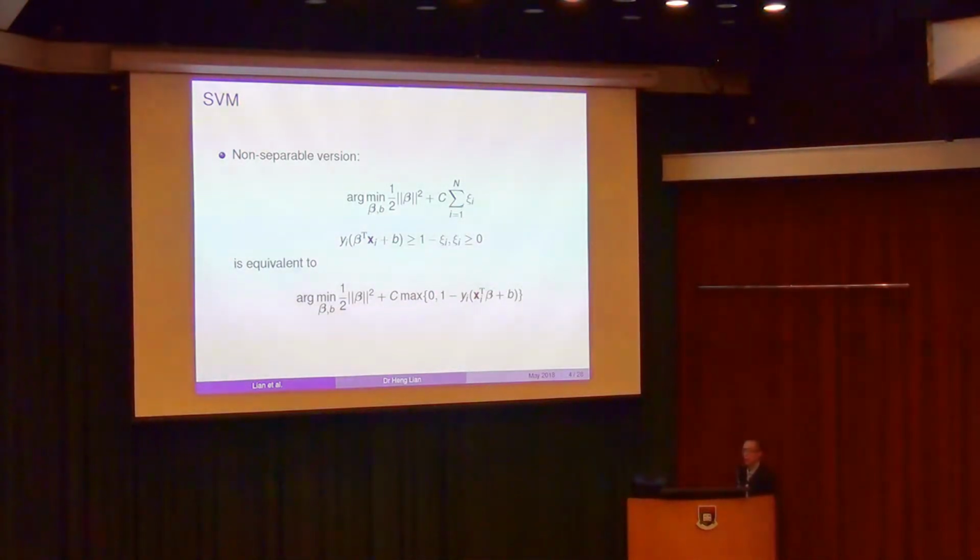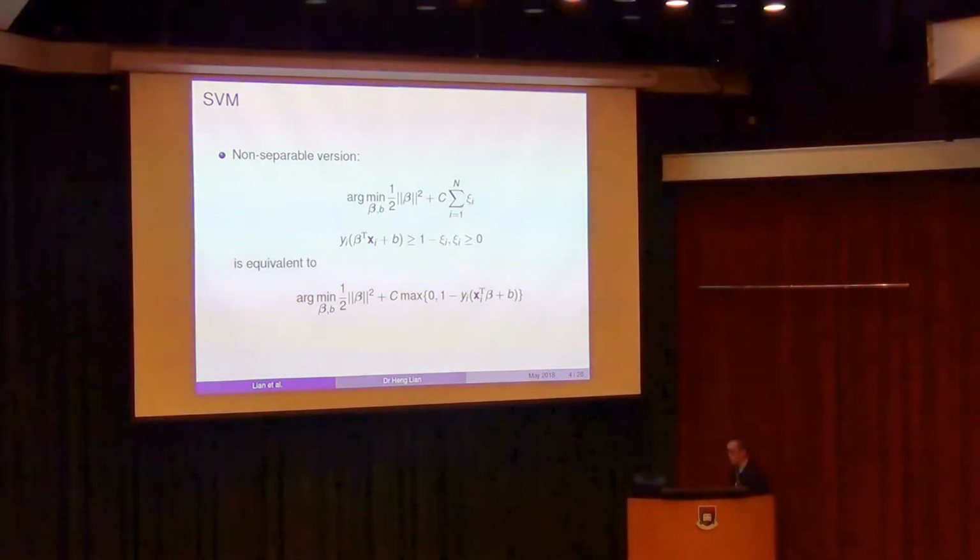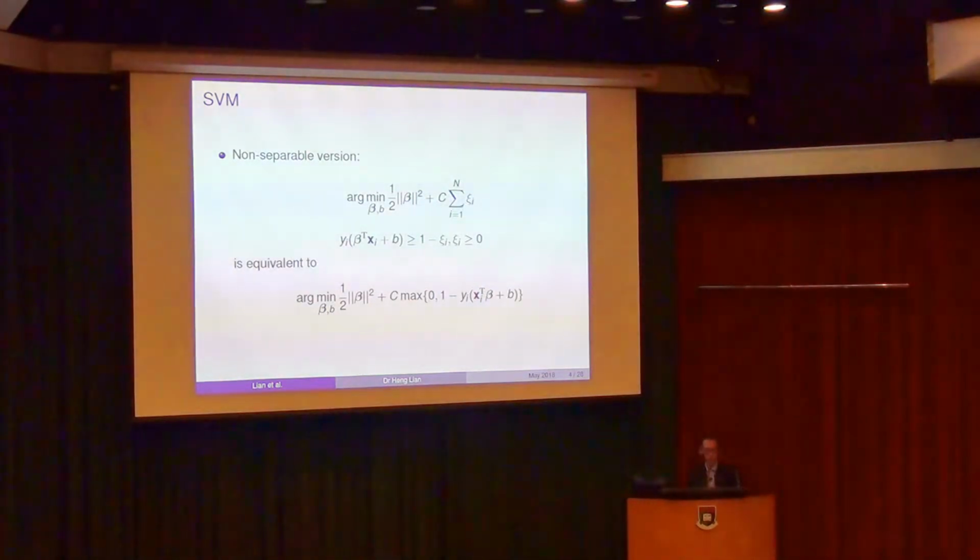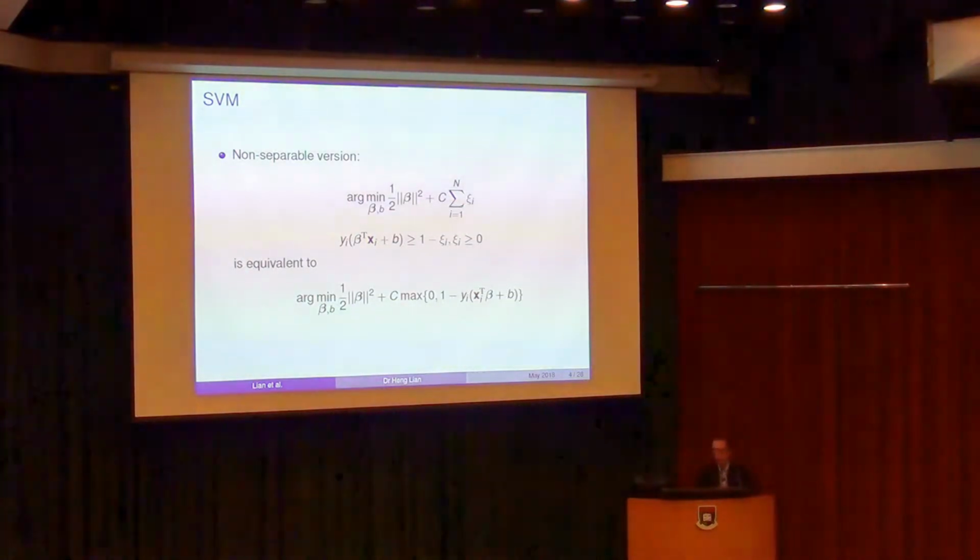In statistics, we don't like this formulation. It works well if you want to optimize it, because there are lots of ways to deal with constraint optimization. A lot of efficient algorithms have been designed.